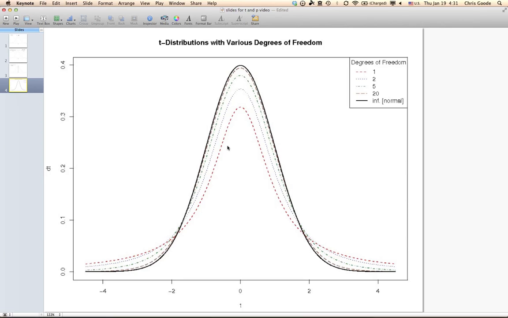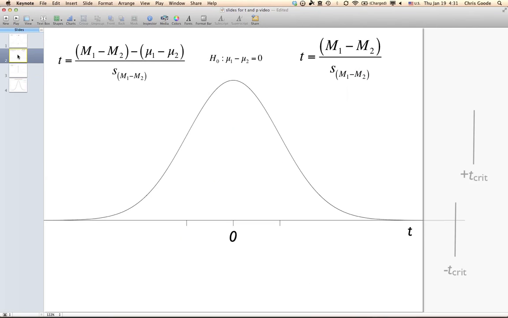And that is why we need to look up what the critical values are for t with our degrees of freedom, because they are going to be different with different degrees of freedom. All right, back to our independent measures t-test.